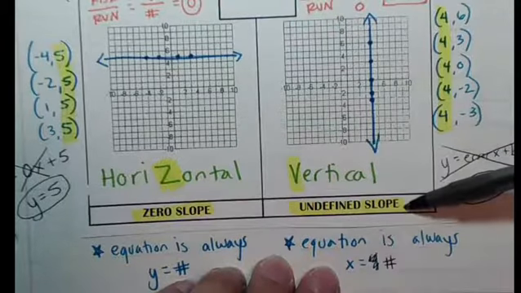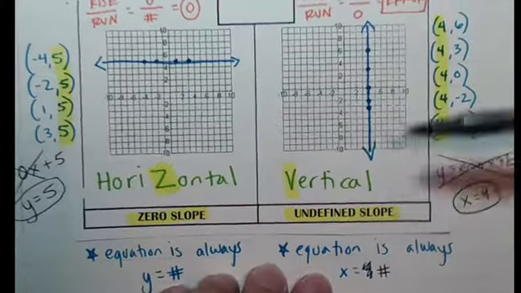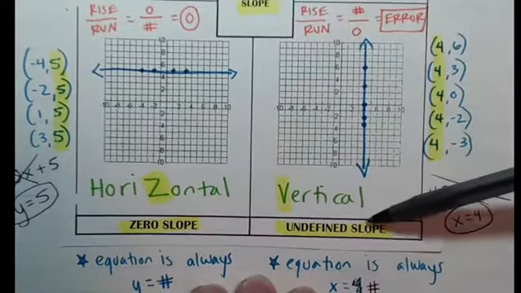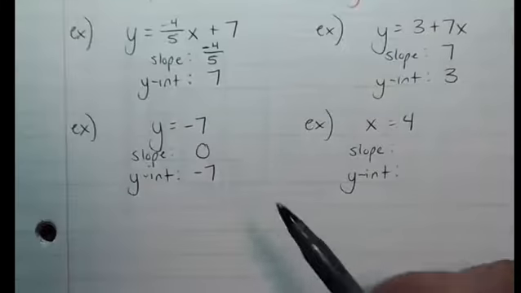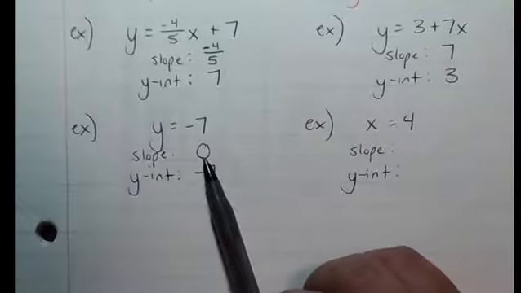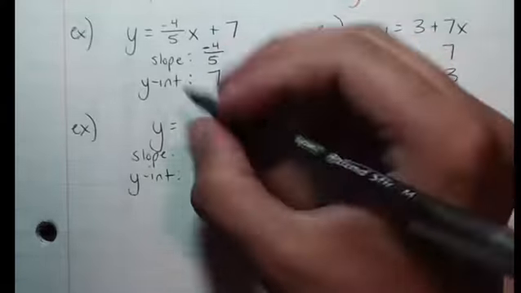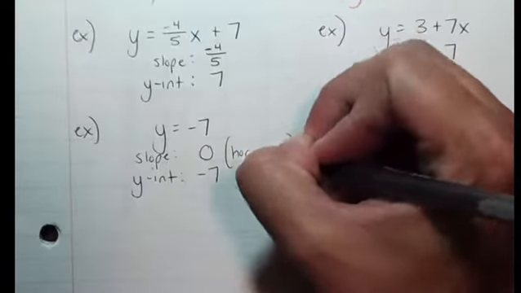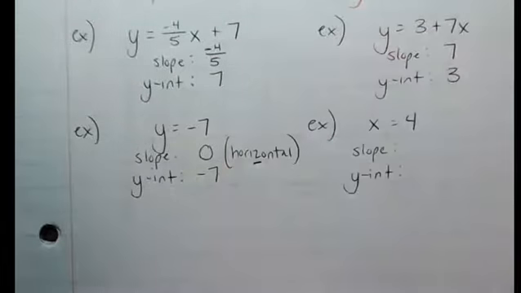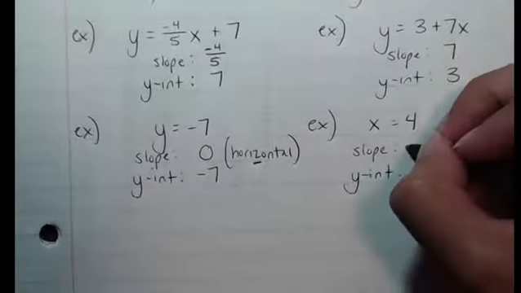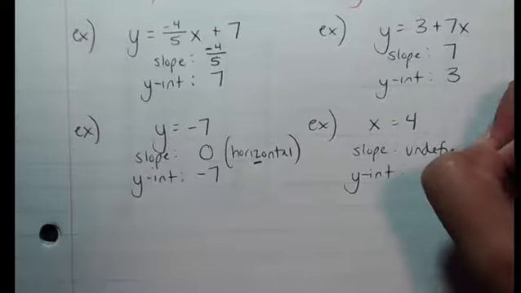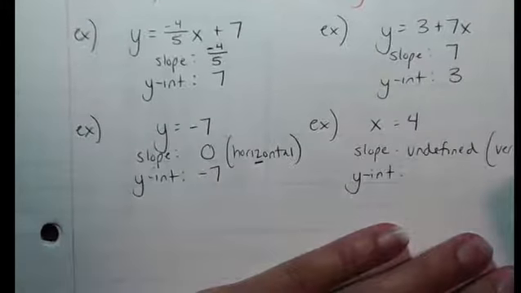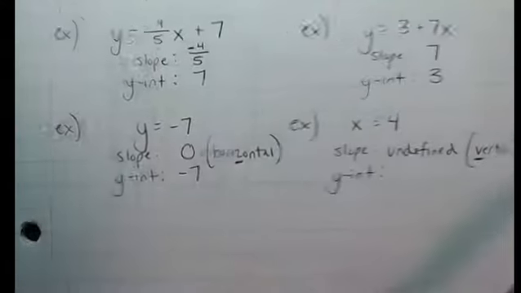Now remember, whenever I type this slope in the calculator, it ends up saying error at the top, which means it's an undefined slope. So remember, a horizontal line has a zero slope, so I'm actually going to write that down. Horizontal, and I'm going to underline the z. This slope is actually undefined because this is our vertical line. So our slope here is undefined.